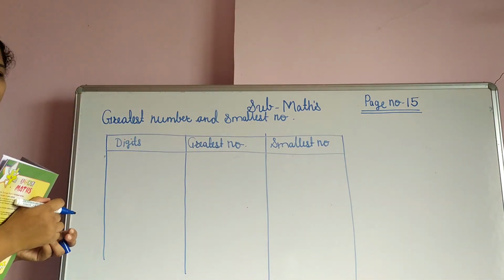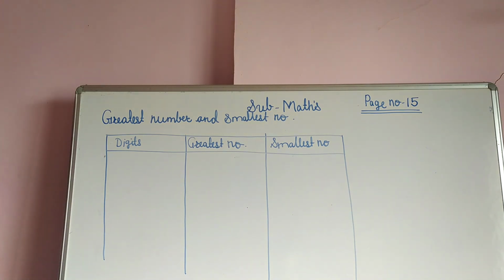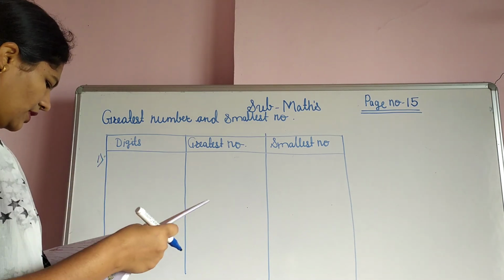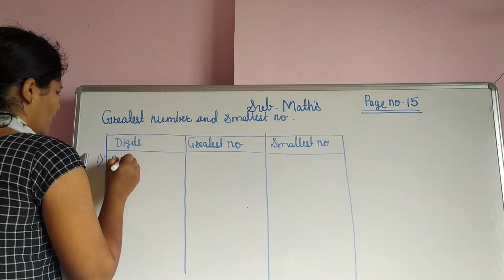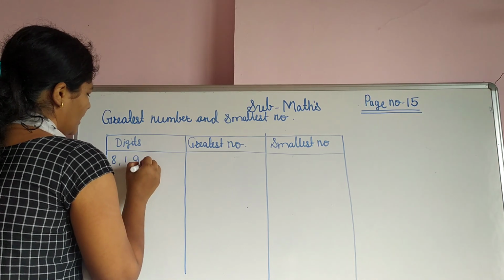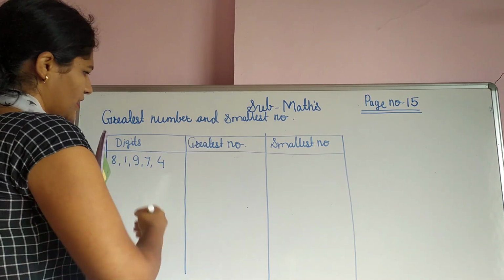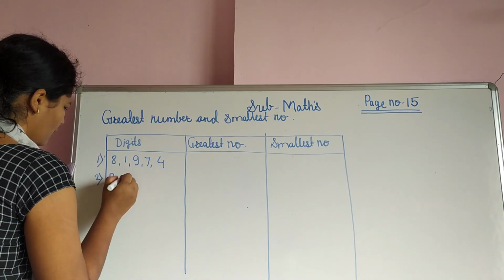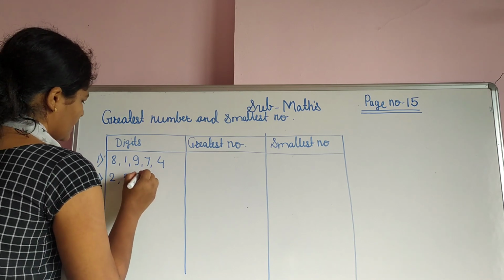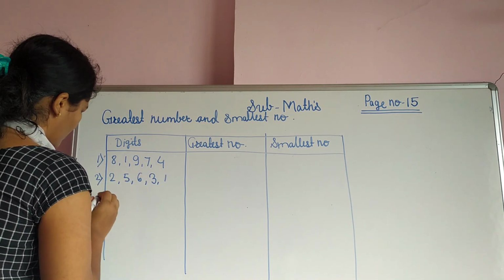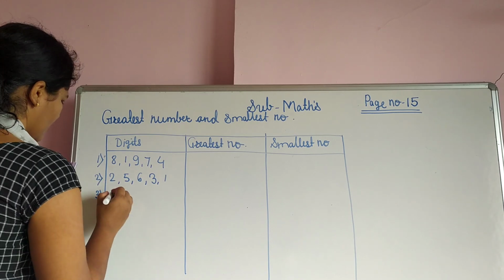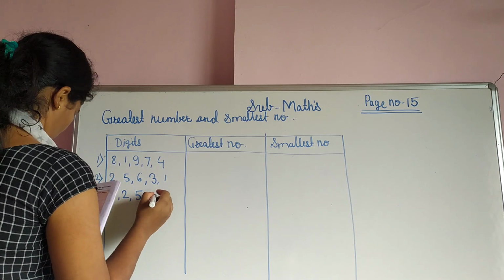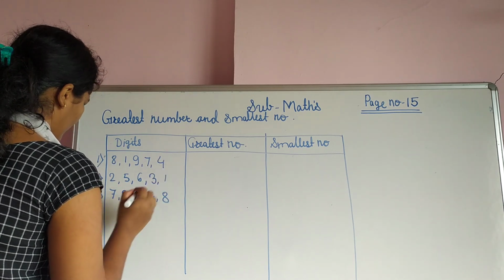Okay students, I know, means you know. What is it? It is a number. So first group of digits: 8, 1, 9, 7, 4. Firstly we write all digits. Then second group: 2, 5, 6, 3 and 1. Next: 7, 2, 5, 4 and 8.